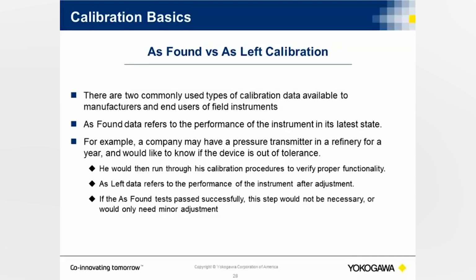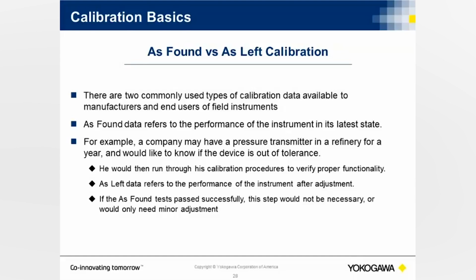As found tests usually involve checking the linearity of a transmitter across at least 2 points in either direction. So the 0 and 100% points, or 0, 50, and 100% points, and back down from 100% to 50% to check the hysteresis. If the device passes as found testing, no further action is necessary.